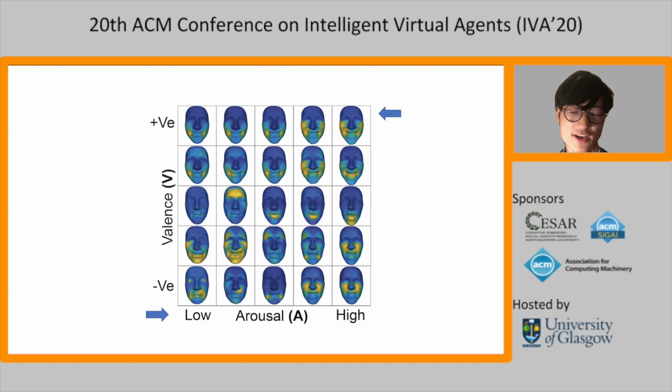We can see here the expressions transmit information from low arousal and negative at the left bottom to the energized happy face in the top right.